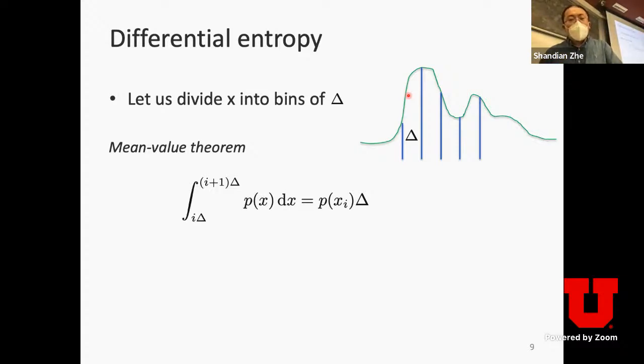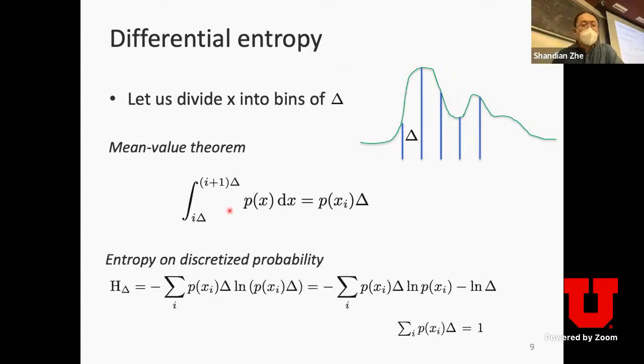So we can first define a rough version for the continuous random variable based on these bins. How can we do that? We define the entropy on the discretized probability in this way.